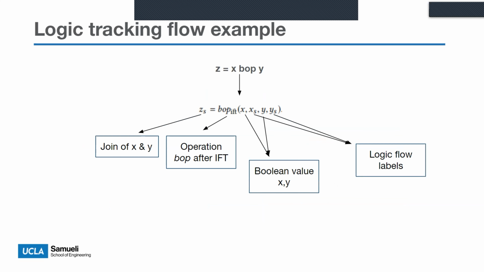Here we have an example of the explicit flow. Assume we have an operation V equals X bop Y. By using the IFT tool, this operation is tracked via VS equals bop IFT parentheses X, XS, Y, and YS, in which VS is the join of XS and YS. Furthermore, it also depends on the Boolean values of X and Y at the same time.